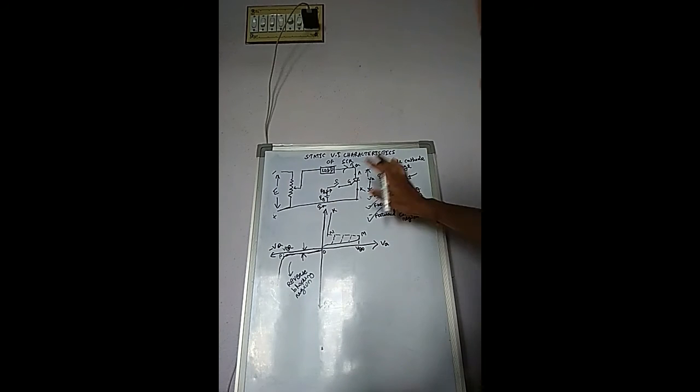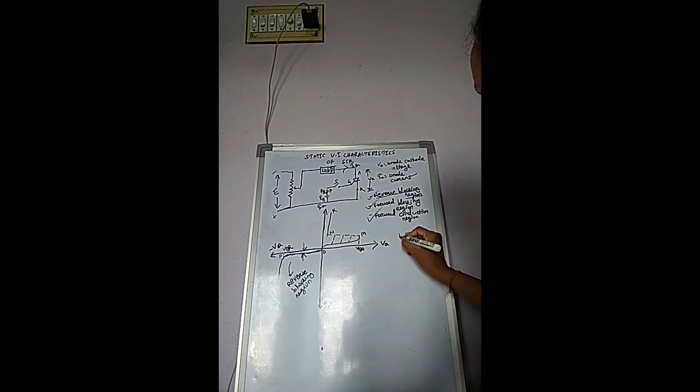So when the cathode is made positive, I will draw a layer diagram here so you can understand it better and more clearly. P N. This is anode, this is cathode, this is gate.